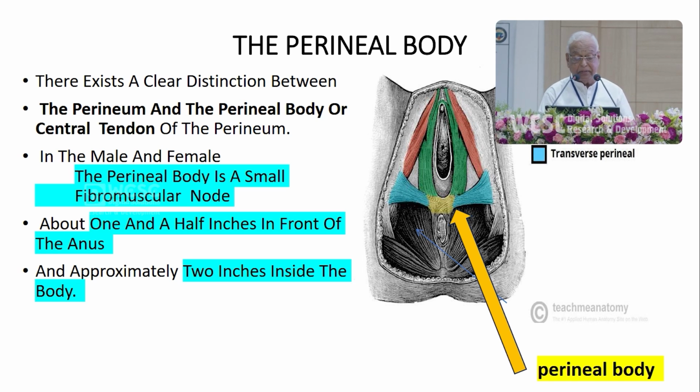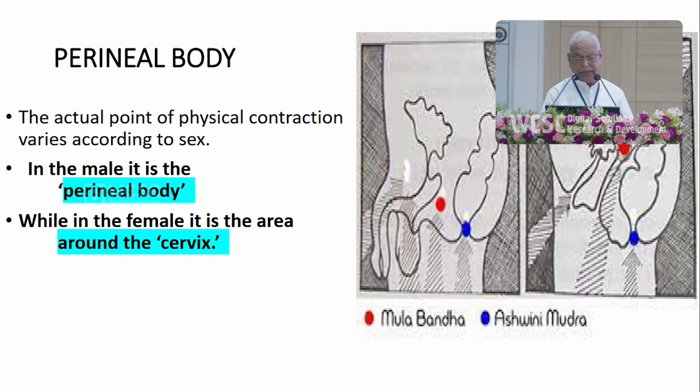That is 1.5 inches in front of the anus and 2 inches inside the body. We were discussing whether there really is a body there or not. Yes, a fibrous tissue anatomically represents this area. It is present. In the male, the genetic center is the perineal area, and in the female it is around the cervix. This distinction we have to remember.